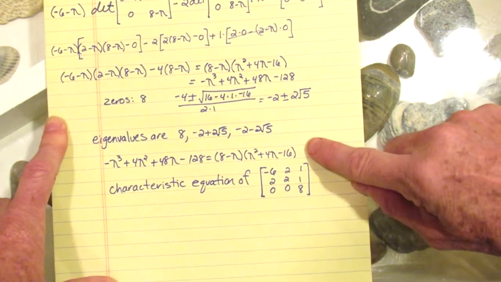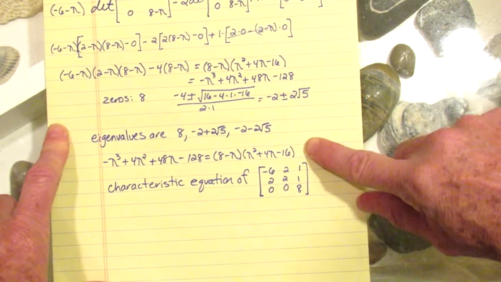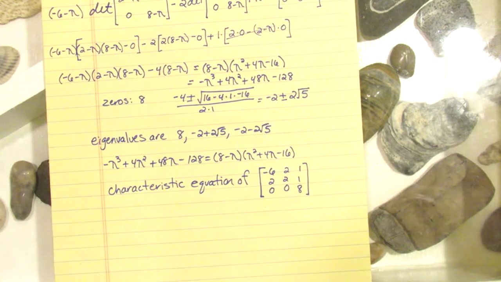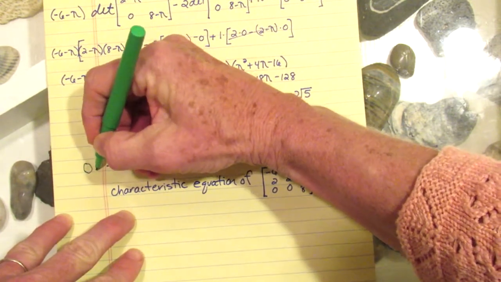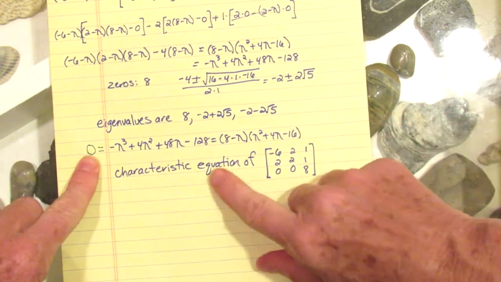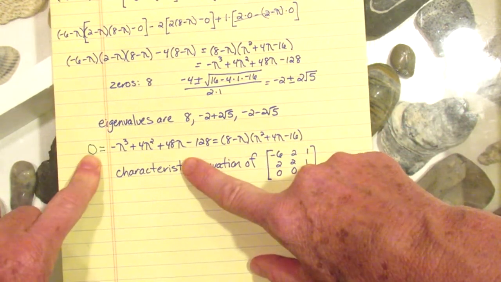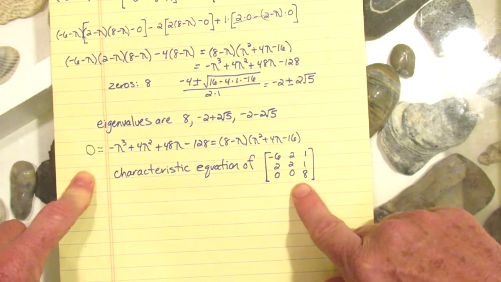And the polynomial is the characteristic equation. I guess we should actually have it set equal to 0 to actually make it an equation. So we'll put 0 over here. Okay, so the characteristic equation is this polynomial set equal to 0. And we call that the characteristic equation of our matrix.